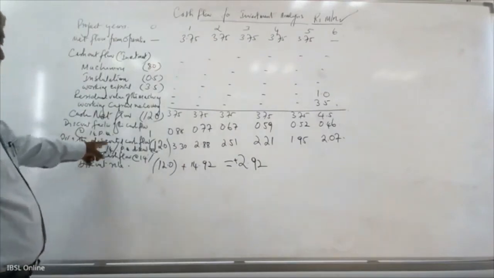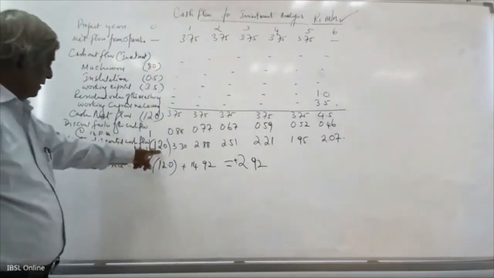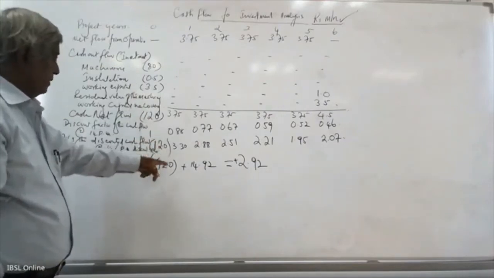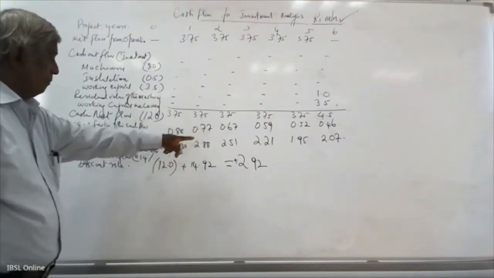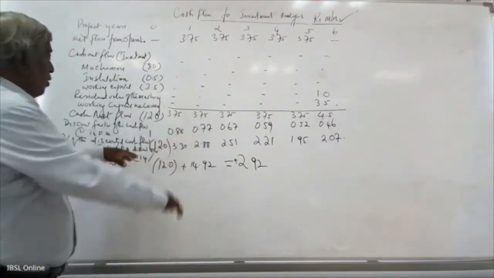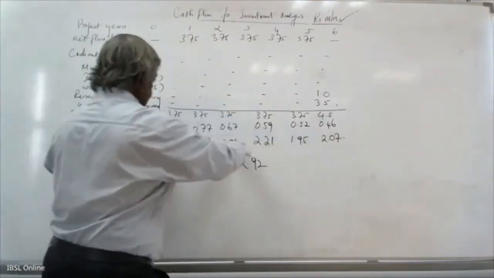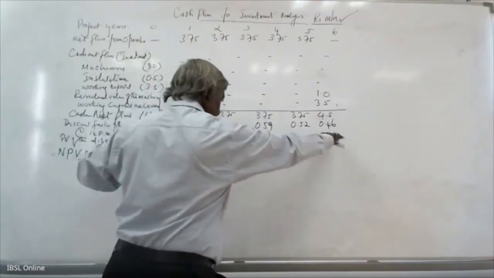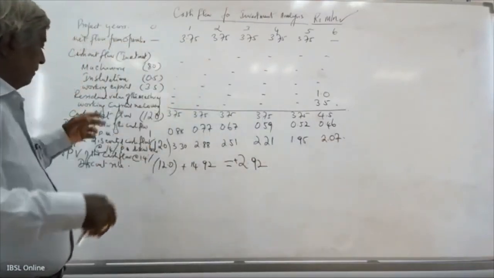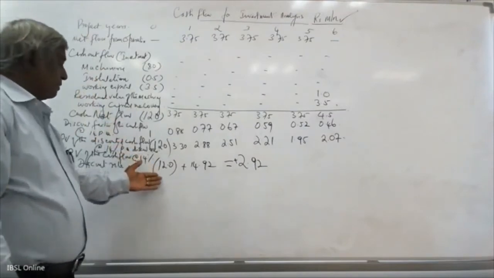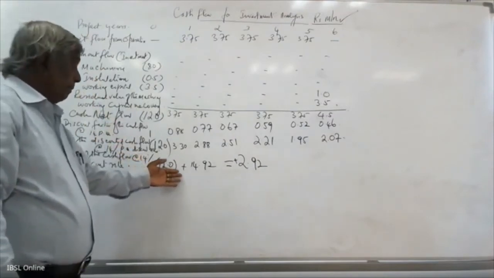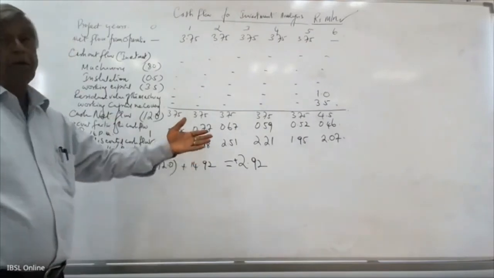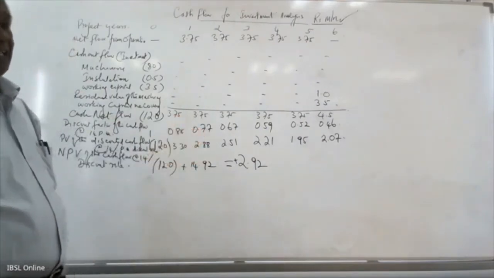So PV of the discounted cash flow, year 0 it is the same, 1, that is 12. Then we have brought everything to present value. Now all are at the same level, present value. You can add, subtract, because all are at present value level. When you calculate minus 12 million plus the inflow 14.92, you get a positive NPV.